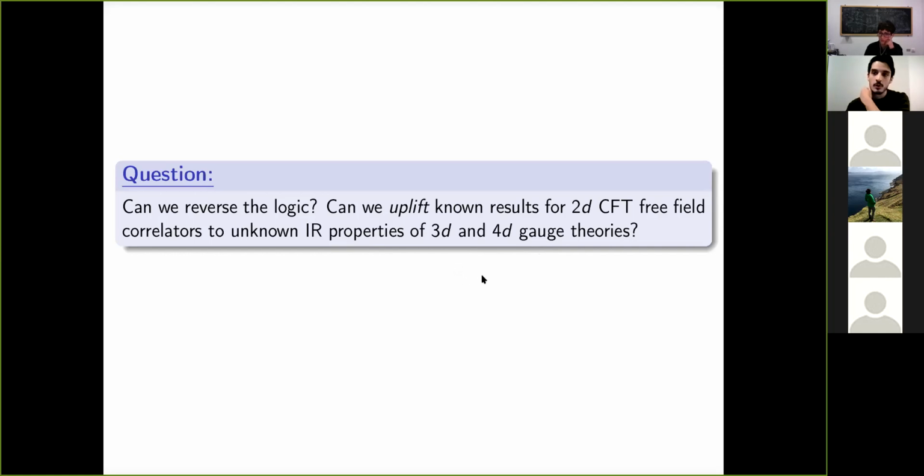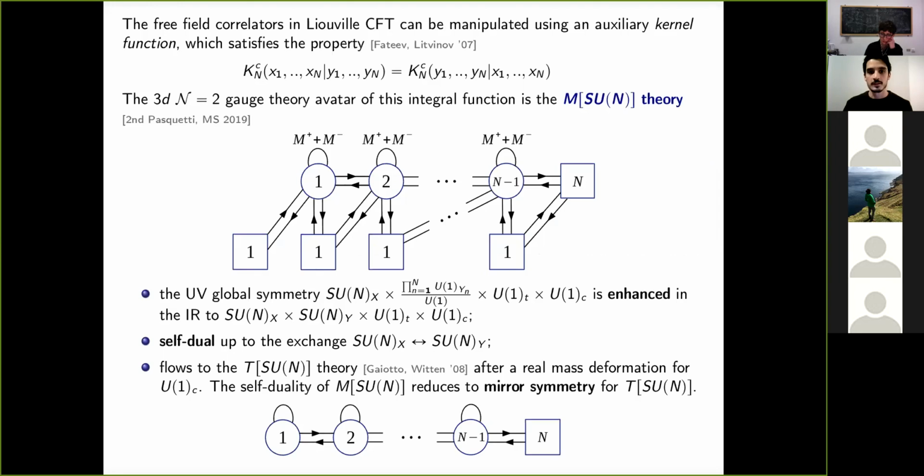So what I will do in the following is show you some examples in which we managed to successfully apply this bottom-up strategy. For the first example, we can look at some results from a paper by Fateev and Litvinov. Fateev and Litvinov studied these free-field correlators in Liouville theory, and they managed to manipulate these free-field integrals and write them in terms of an auxiliary object, which they call the kernel function.